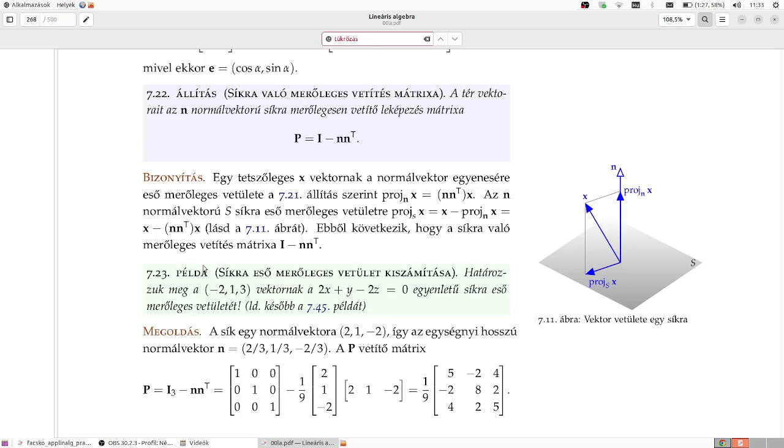And there is an arbitrary matrix 2, 1, minus 2. Wait. 4. Okay. The problem is the following.